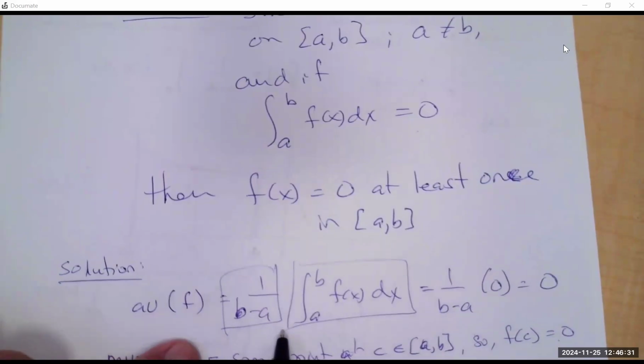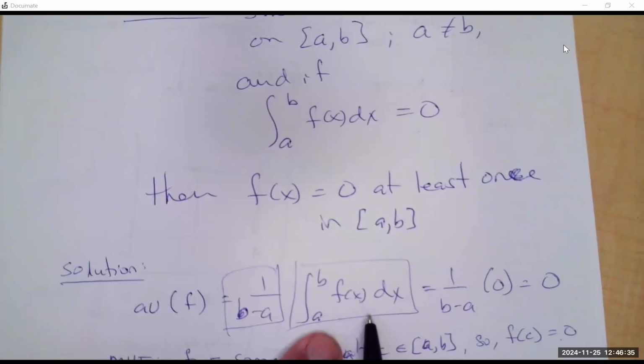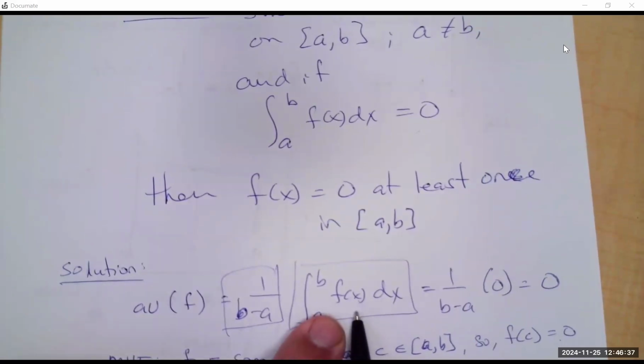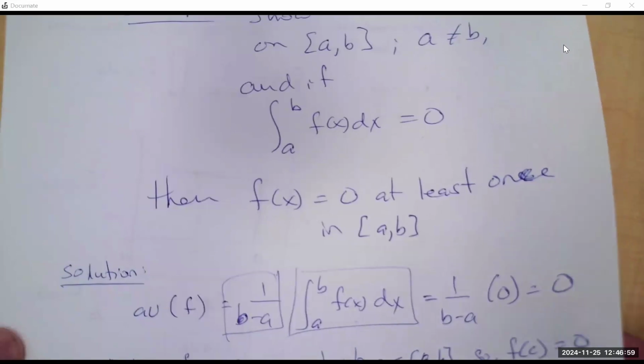It can't, because B minus A have to be different. So the only way this can be zero is if the integral is zero. What's the only way the integral can be zero? Well, we're going to find out in a second that if we take the integral and part of it's below the x-axis and part of it's above the x-axis, in different signs, the opposite signs, right? Yeah, and that's what we're going to look at in a second.